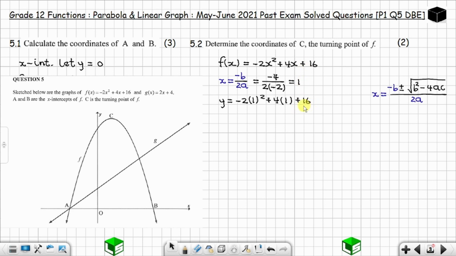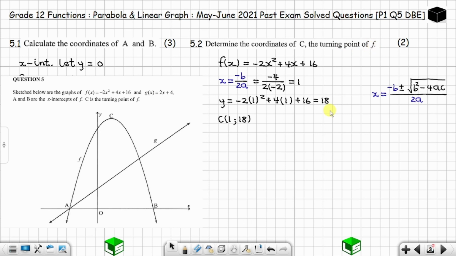I hope you can follow. This is equal to 16 plus 4, 20, minus 2. So you have 20 minus 2, which is 18. So the y coordinate of the turning point is 18. And so the coordinate of C is (1, 18). So you have determined the coordinate of C, which is the turning point of f.